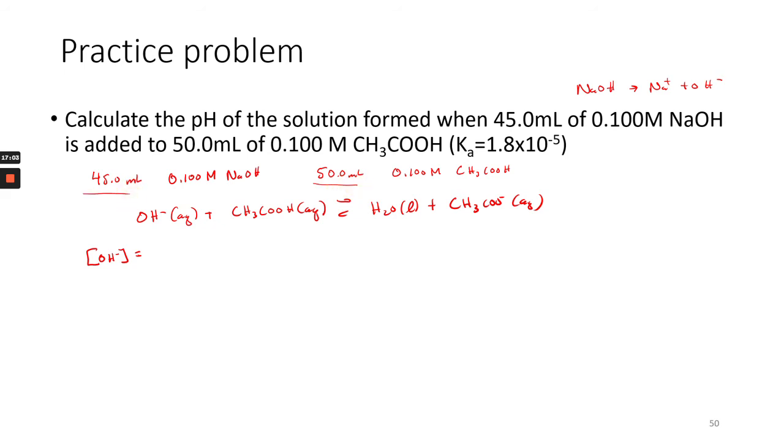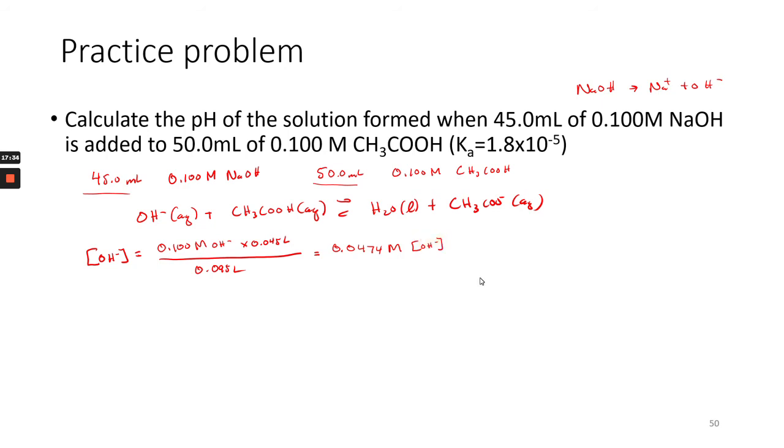You have to take your original concentration of hydroxide times its volume, in liters, divided by the new volume. When you add these two volumes together, that's going to give you the new volume, and so that is your concentration of hydroxide.